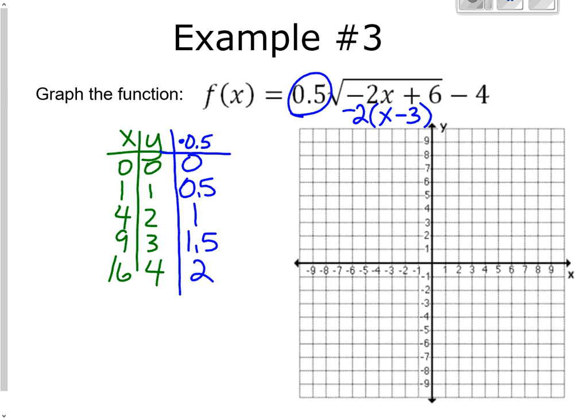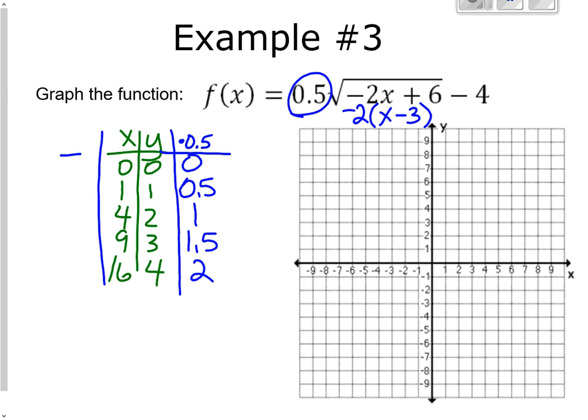And the great thing is that I can now use that -2. I know that that is going to be a horizontal compression by a factor of 1/2. I can use that on my x values, and then I can see that this did not move 6 to the left. It actually moves 3 to the right. So important for us to take the time to common factor that under the brackets.